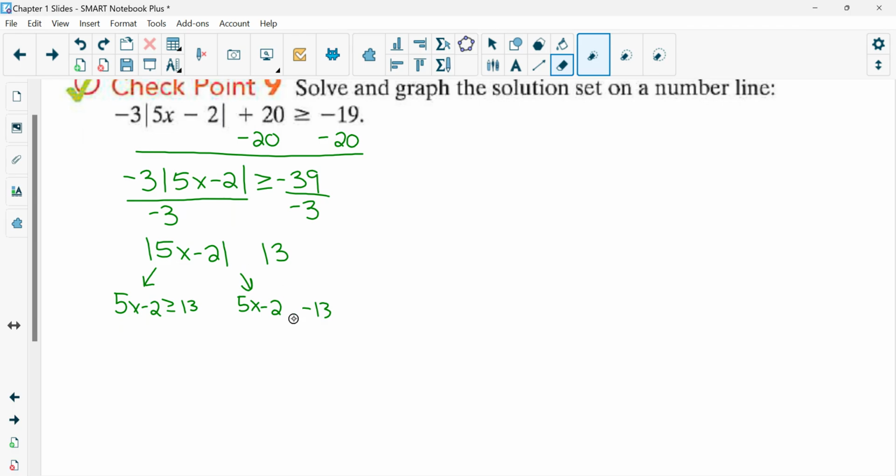So that means we're going to change our signs, all of them. Thank you, Nathan. So I've divided by a -3 here, so I have to flip that sign to less than or equal to. And then because I'm going from there, I'd have less than or equal to, greater than or equal to.